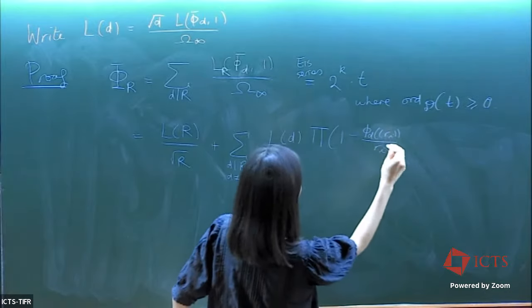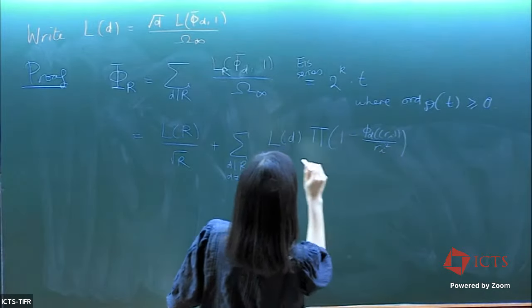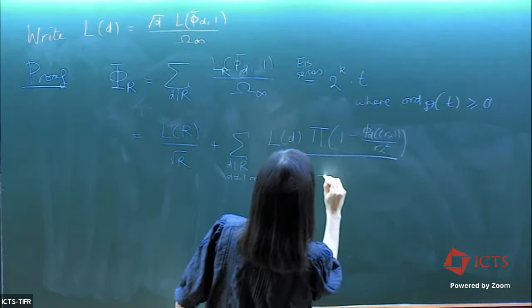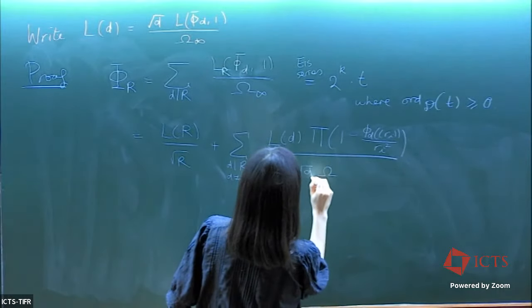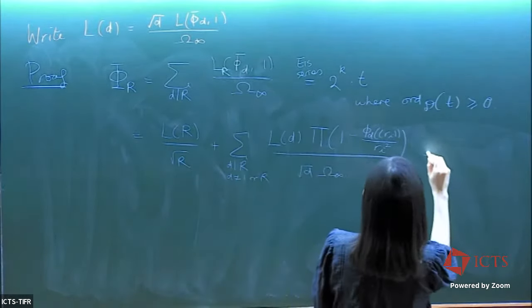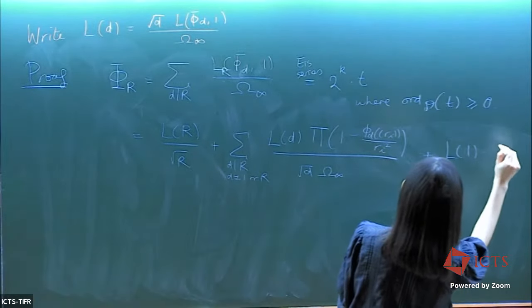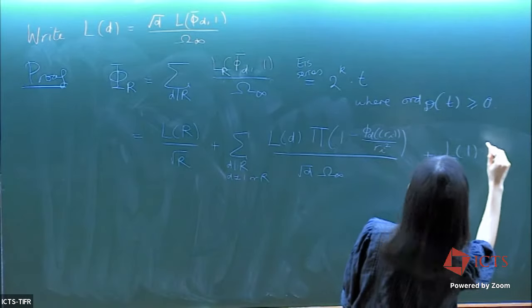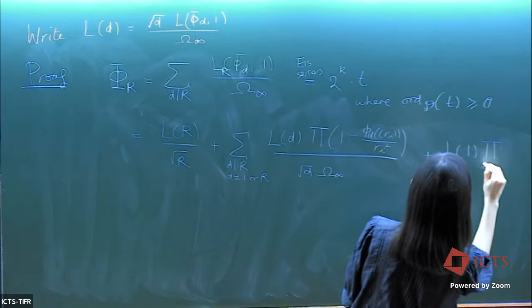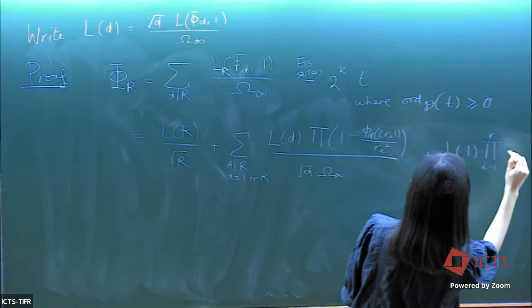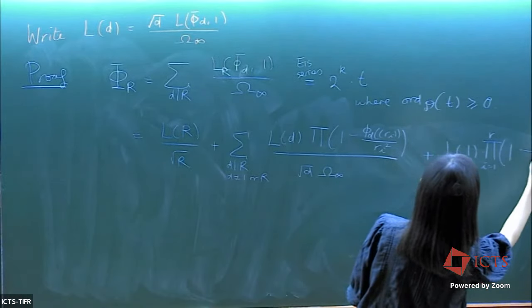The norm of R_i is R_i squared. Plus the last term, which is L_1 times all the Euler factors, from i equals 1 up to r.